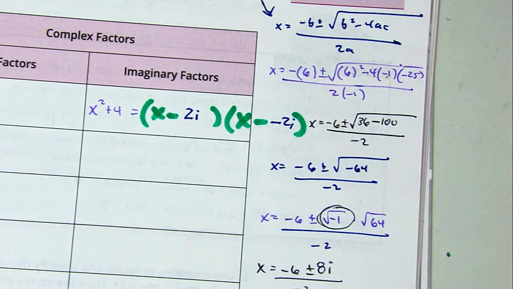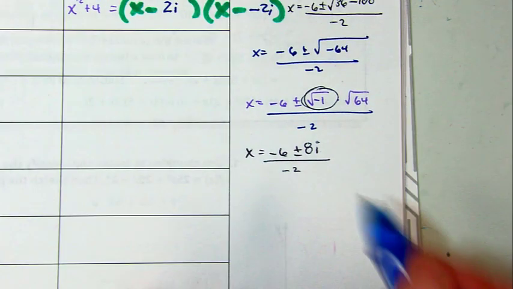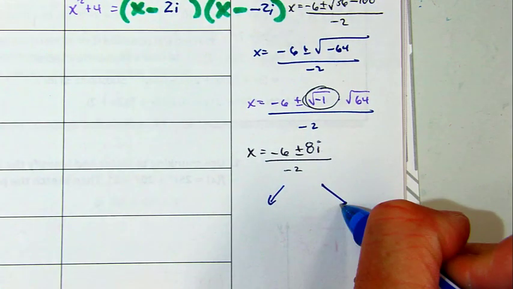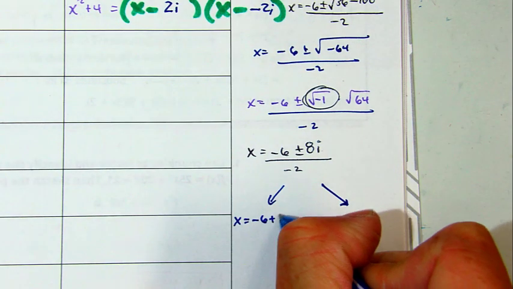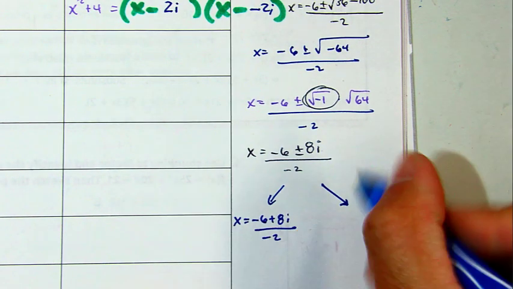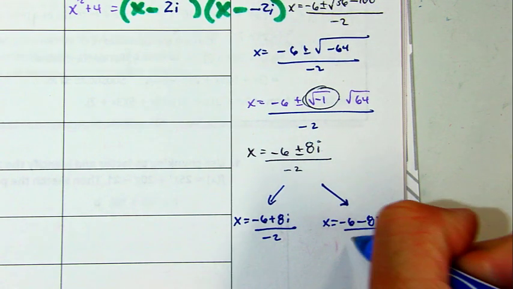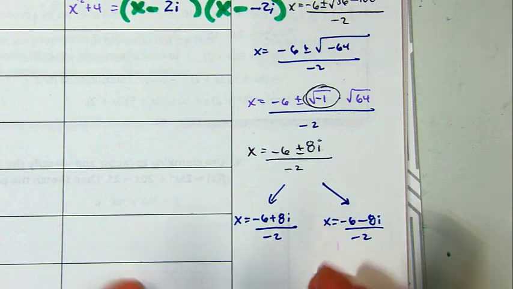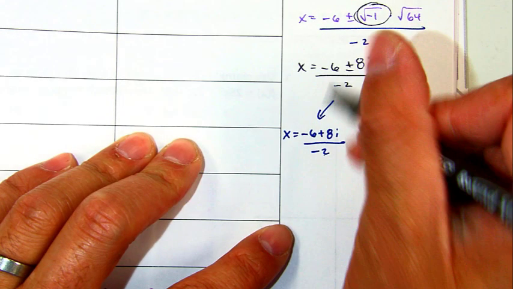Some students ask about what happens to this negative sign. Now, notice how I haven't touched that plus or minus until the very end. So let's just try splitting them now and see how we can simplify this. Negative 6 plus 8i over negative 2, and negative 6 minus 8i over negative 2. If I work on this left side, the negative 2 applies to each of these terms.